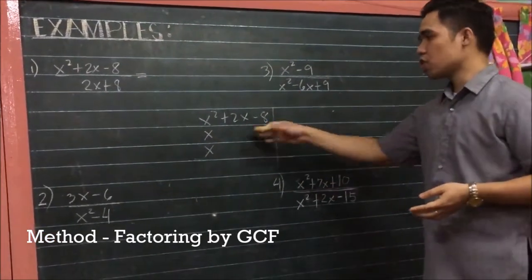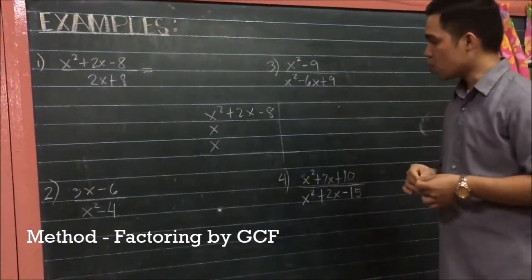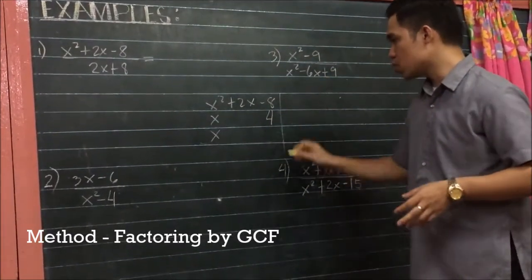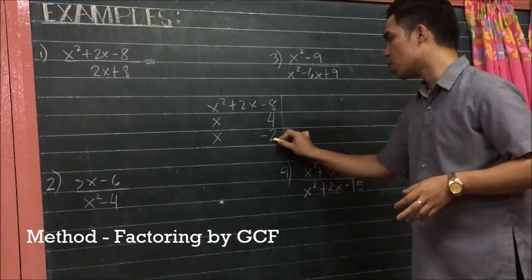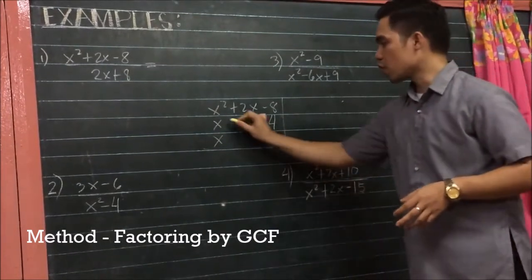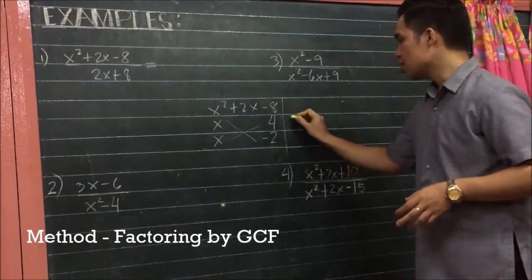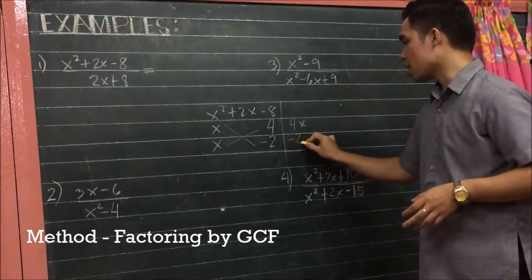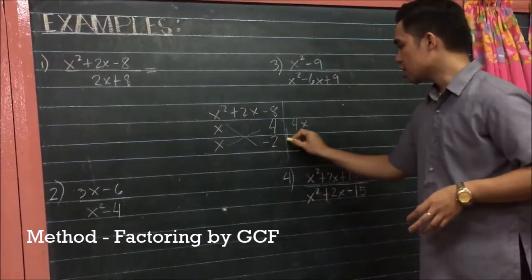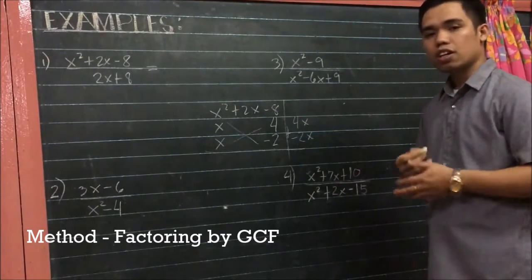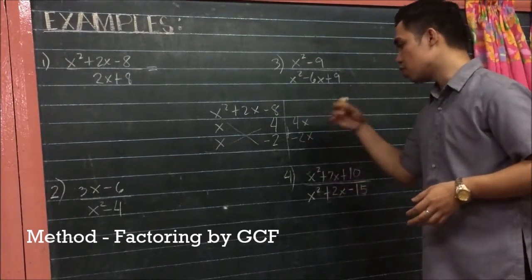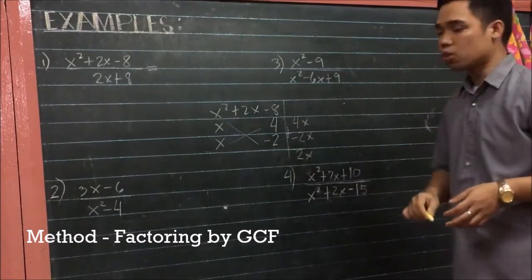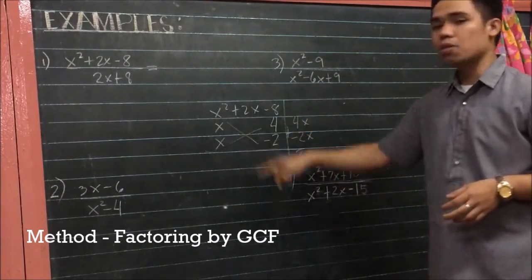But in this case, in order for us to get the positive 2x, that means we have to choose or select the pair for negative 2. So if we are going to cross multiply this, it will be 4x and negative 2x. And add it, that will be positive 4, combine it with negative 2x, different signs, we subtract, copy the sign of the bigger number, so positive 2x, that's the same as the middle.